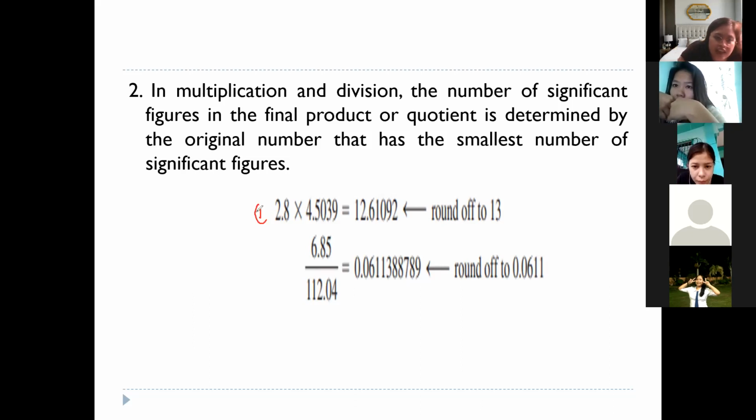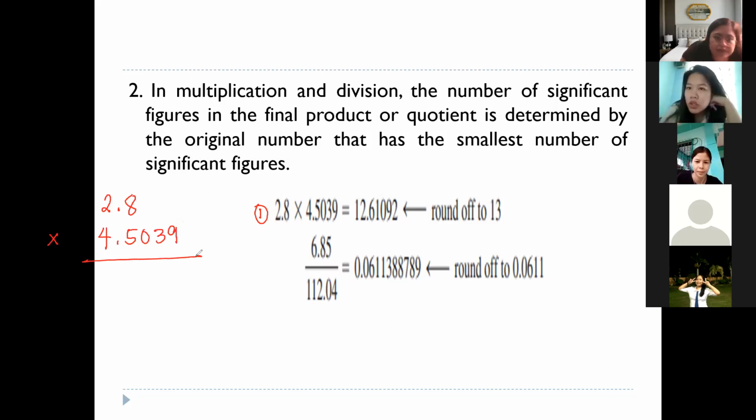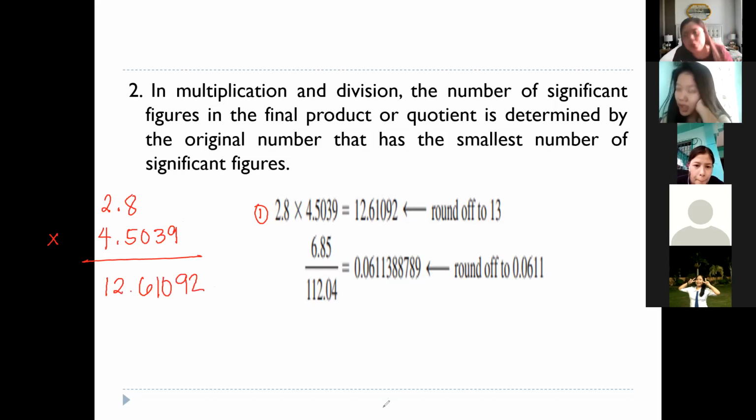So if I rewrite this number 1 example vertically, 2.8 times 4.5039. So simple multiplication, you can use your calculator. 2.8 times 4.5039 is 12.61092.